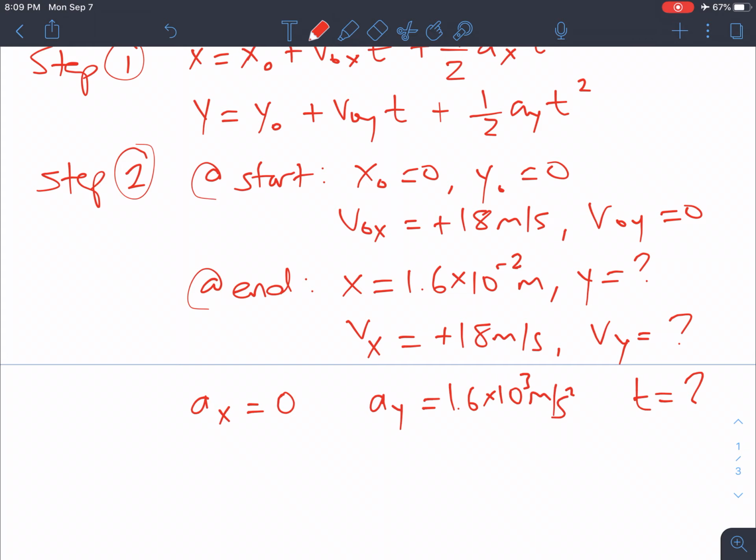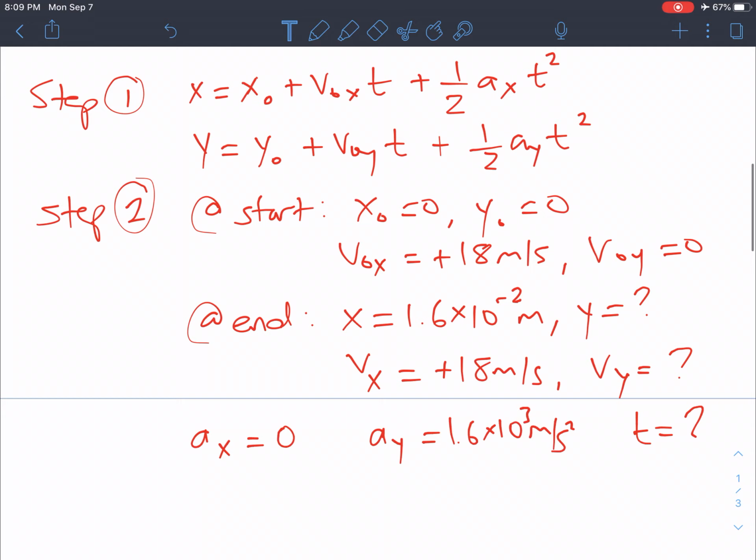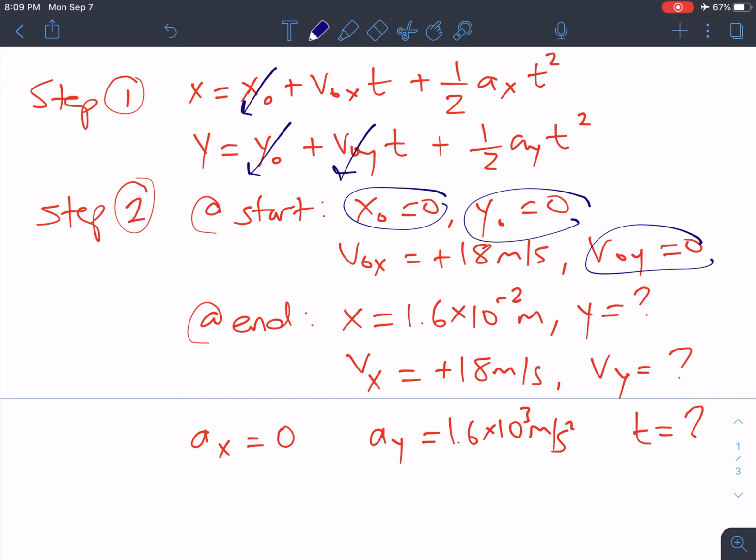So let's find the time so we can solve for y, right? I'm going to go back to my equation and do some cancellation. x0 is 0, cancel that. y0 is 0, cross it out. v0y is 0, that goes away as well. And ax is 0, so that's a good one. All those terms go to 0.